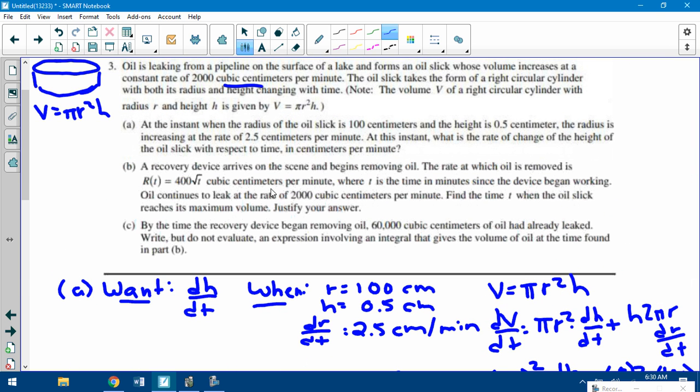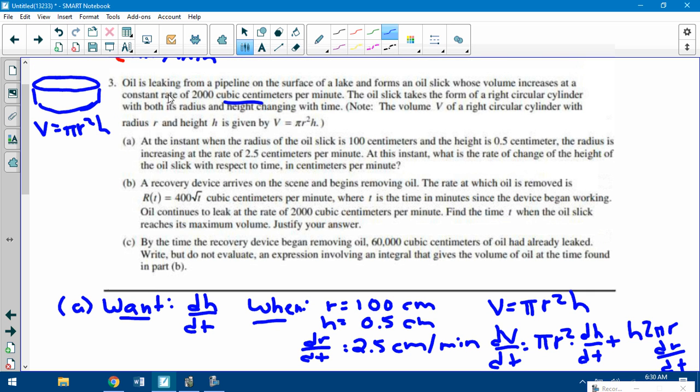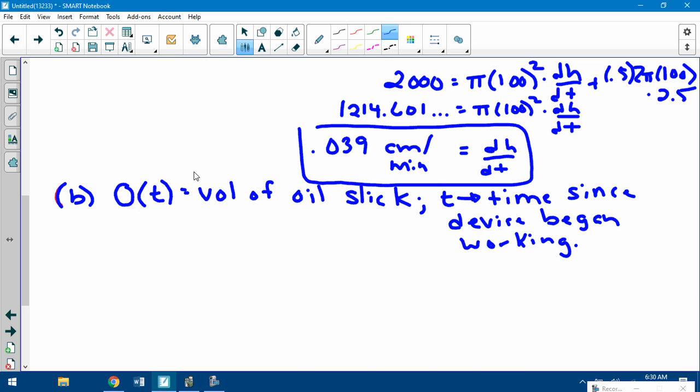Now, we don't really have an equation for the volume. What we have is information about the rate that it's changing. It's leaking continuously at a rate of 2,000 cubic centimeters per minute. So that's the rate that it's increasing, and it's getting pumped out by this rate. So we have a rate of change of the volume.